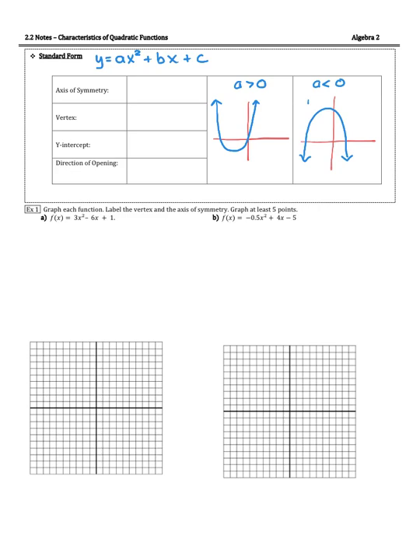So notice that on this graph we have a vertex, and there is symmetry to the graph. We call this the axis of symmetry, and the vertex always lies on the axis of symmetry. So to find that axis of symmetry, you are going to take the opposite of whatever the b value is.